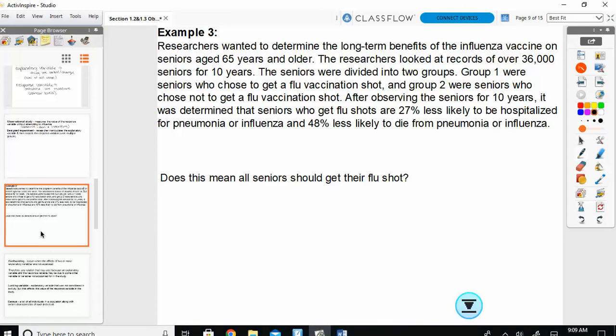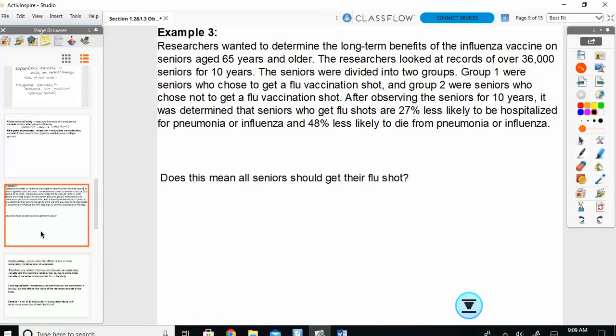Group 1 were those that got their flu shot, and Group 2 did not. After observing them for 10 years, it was determined that if they got their flu shot, they were 27% less likely to be hospitalized for pneumonia or influenza, and 48% less likely to die from those things.